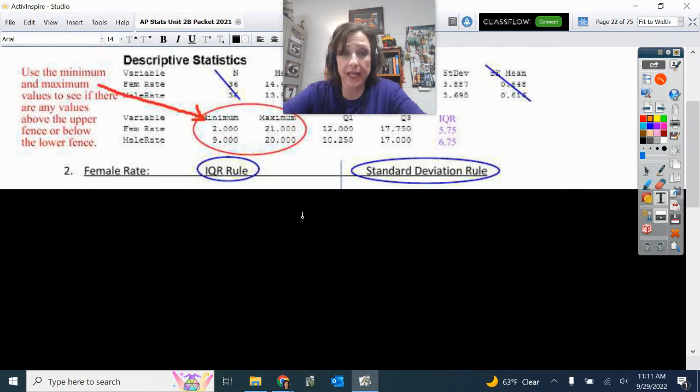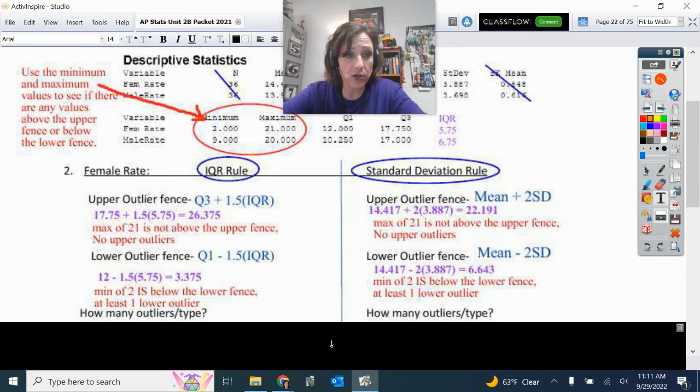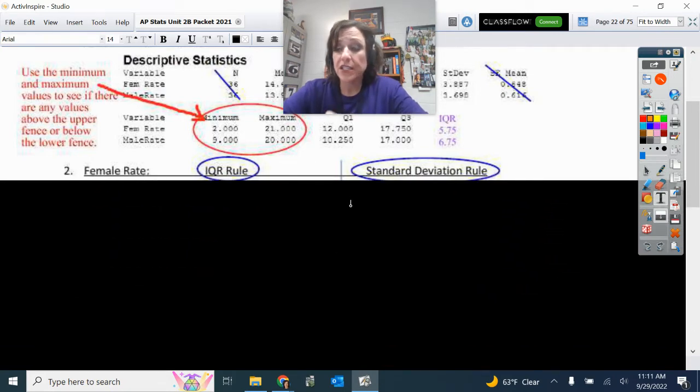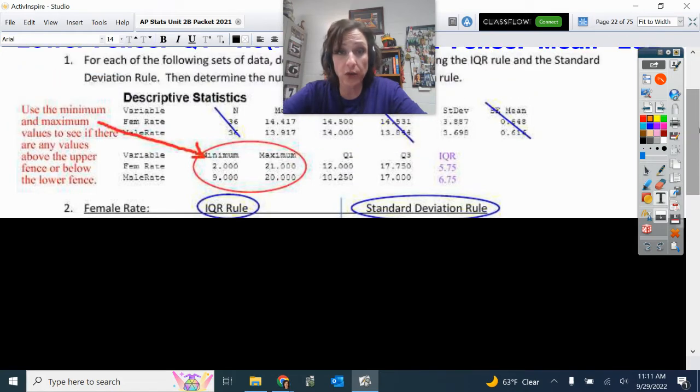And once you do that, you will be asked, are there outliers? And if so, how many? So I'm going to give you a moment to practice that computing on your own. Go ahead and pause the video so that you can try to do some of that computing on your own and check as you do those. So pause and make your fences.